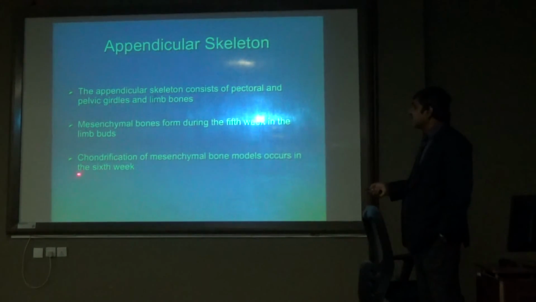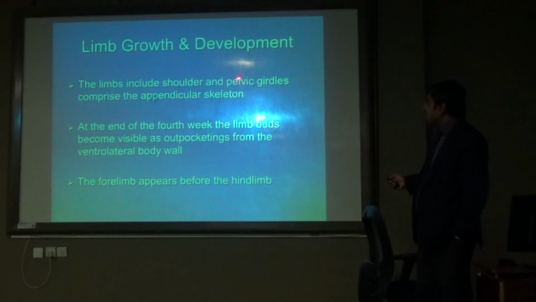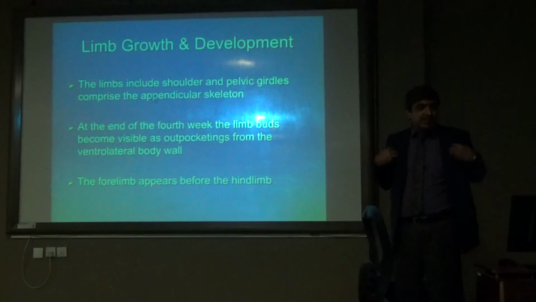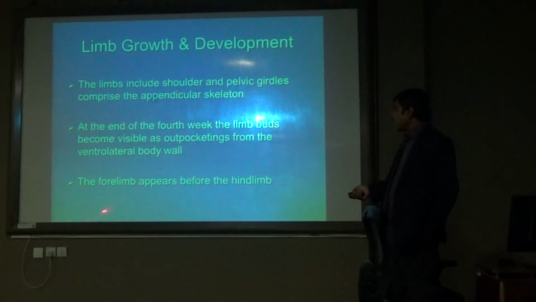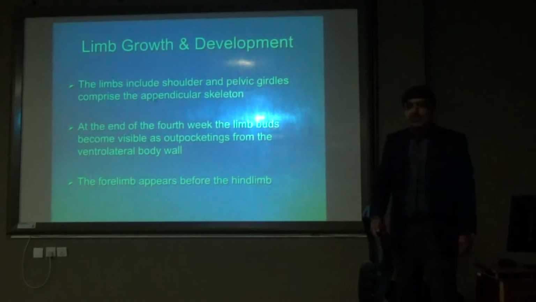Mesenchymal bone models occur in the 6th week. At the end of the 4th week, the limb buds become visible as outpouchings from the ventrolateral body wall. The forelimb appears before the hind limb. The upper limb appears before the lower limb.